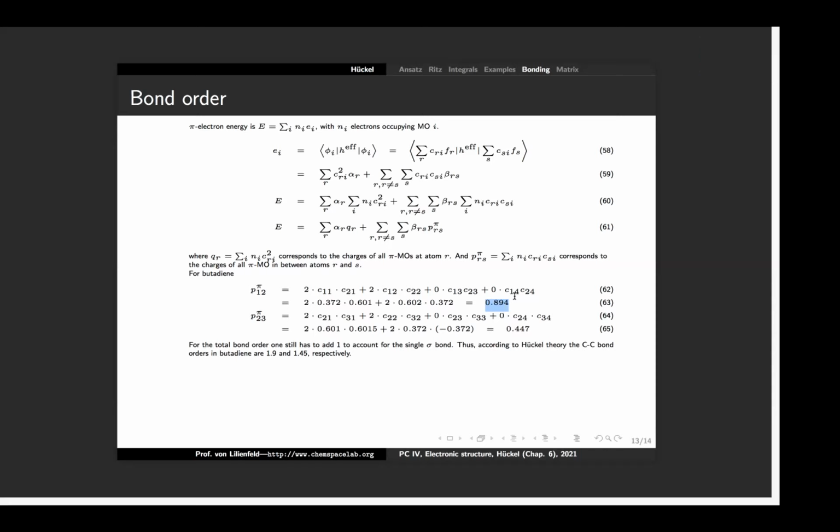What's the first one? Can you say that again? Just the last one you mentioned right now. This is C22. C12 would be, in equation 62, this is C12. Where the 1 would be the atom and the 2 would be the level, like the phi? The first one is the atom, exactly.